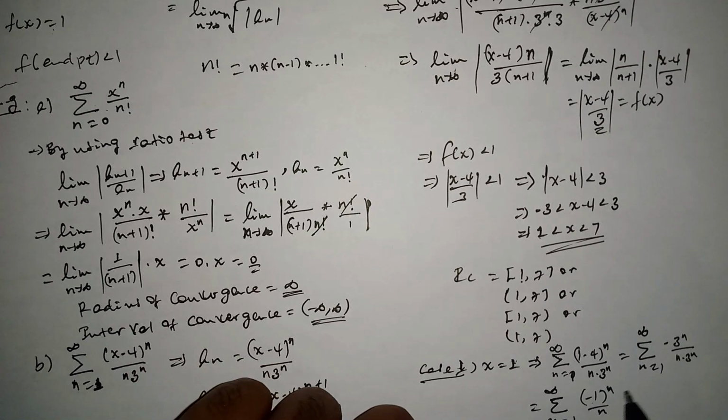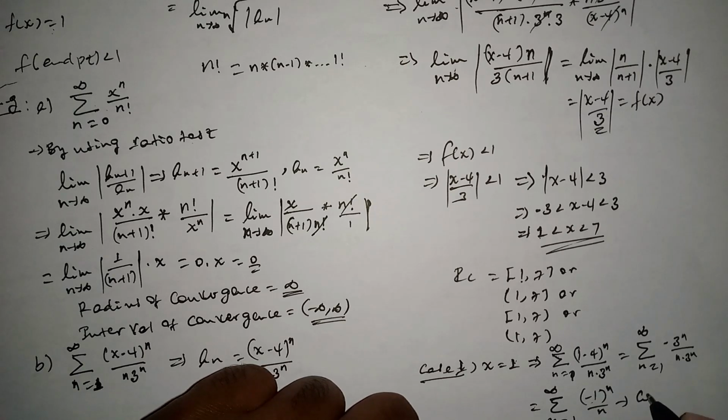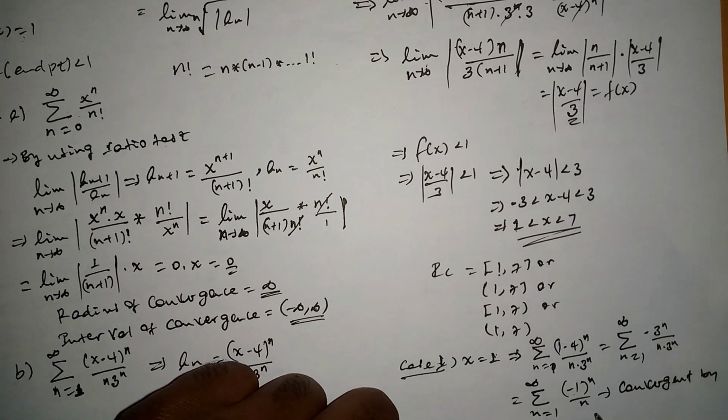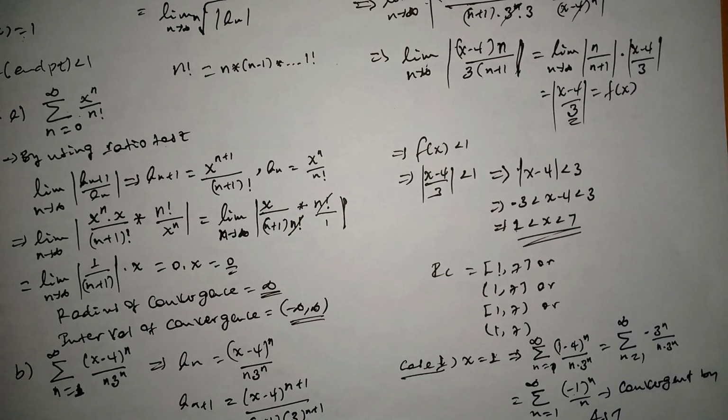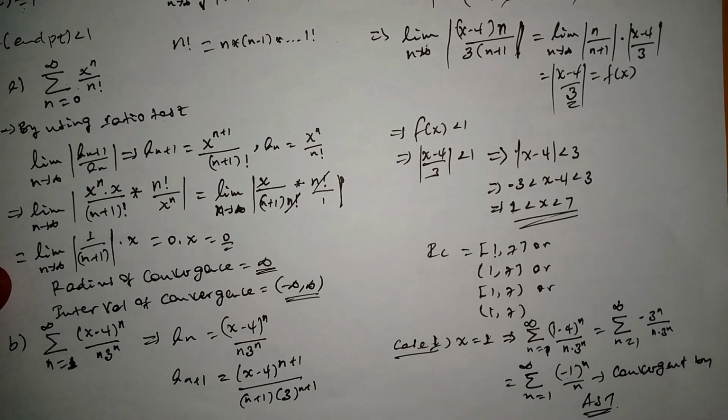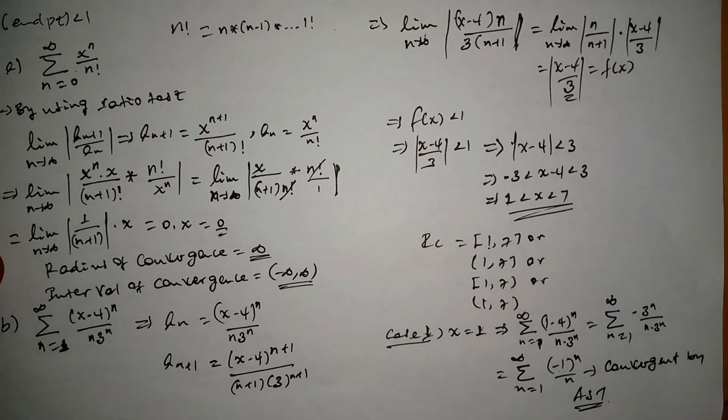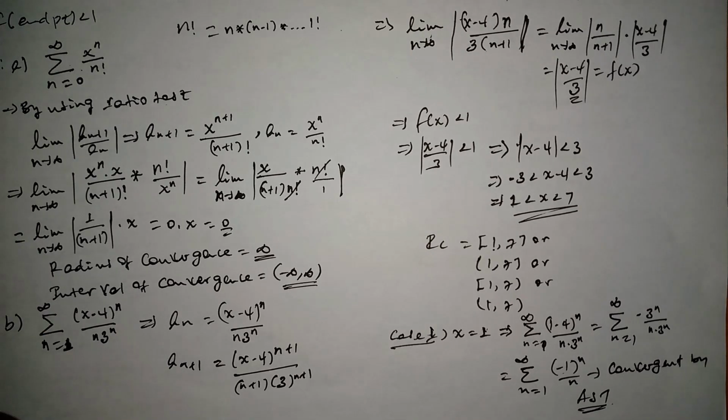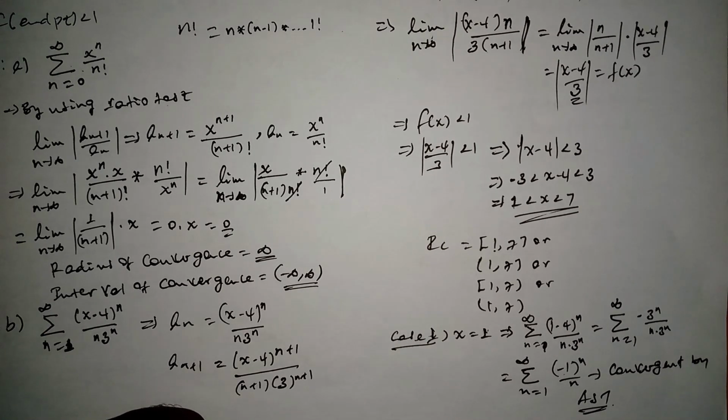This series is convergent by the alternating series test. We have seen the convergence and divergence of alternating series in our past videos, so you can check them for the convergence of this series.